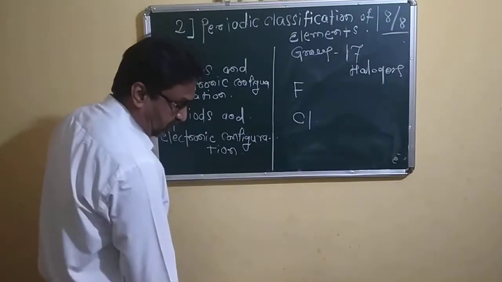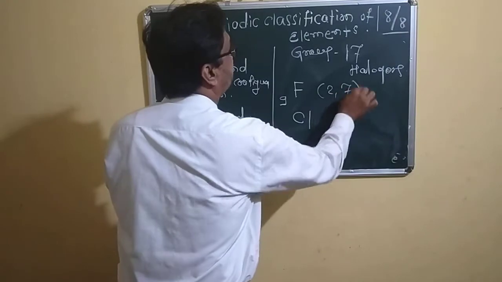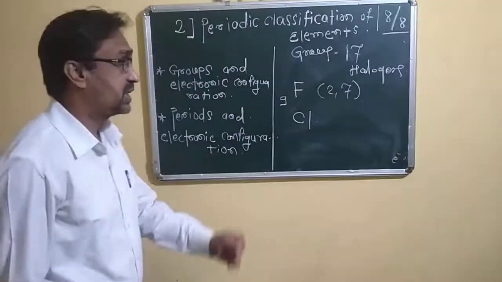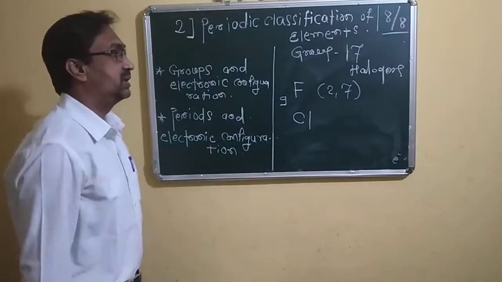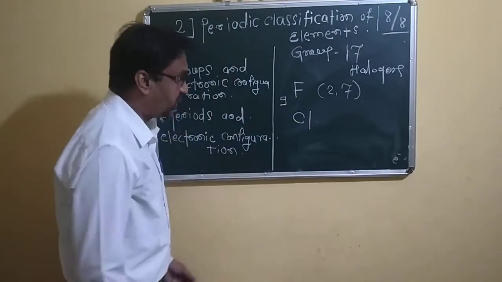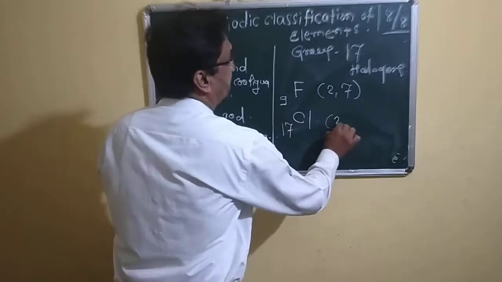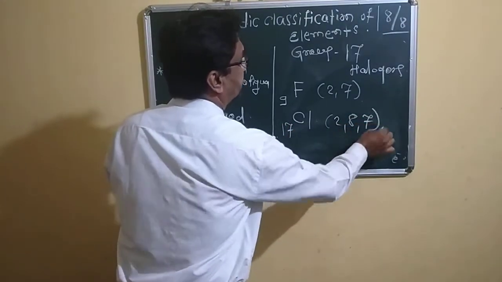Fluorine has atomic number 9, and its electronic configuration is 2, 7. In the first shell the number of electrons is 2, and in the second it is 7. After that, chlorine has atomic number 17, with configuration 2, 8, 7.